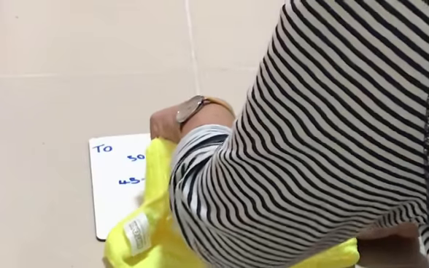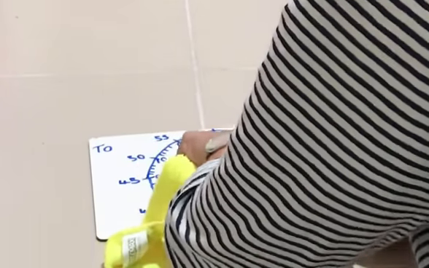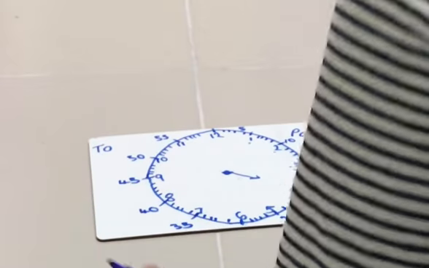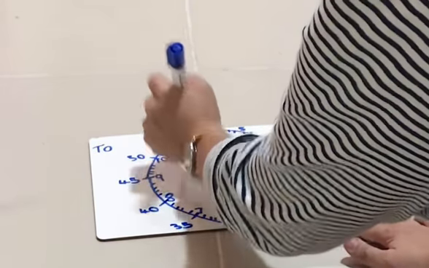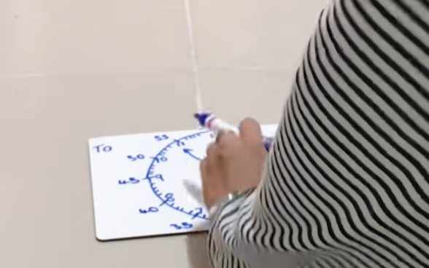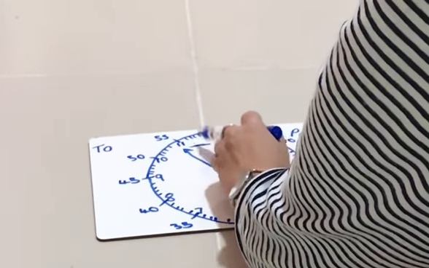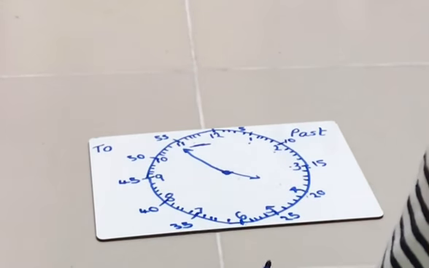Now, if it's 5 minutes to the hour, so close to turning to 4 o'clock, I've got 5 minutes to go. It's going to go up here. So you go this way. I've got 5 minutes until I hit 4 o'clock. So it's 5 to 4.